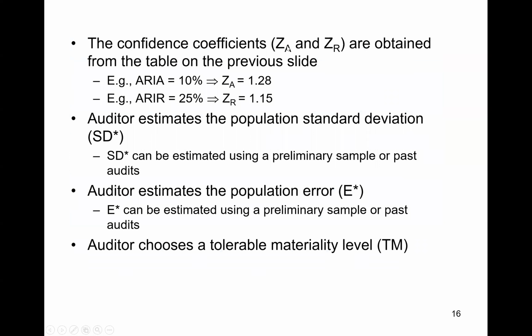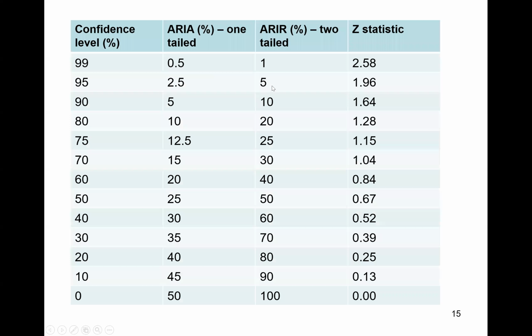So the confidence coefficients are obtained from the table on the previous slide. So for example, if the auditor chooses a risk of incorrect acceptance of 10%, then that's going to give a ZA of 1.28. Right? So here, risk of incorrect acceptance is 10%, the Z statistic is 1.28.